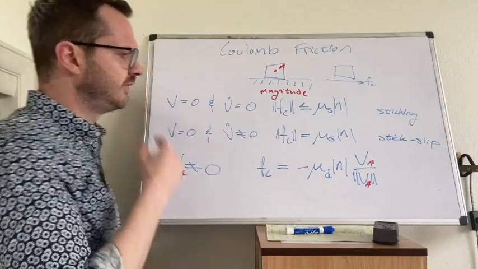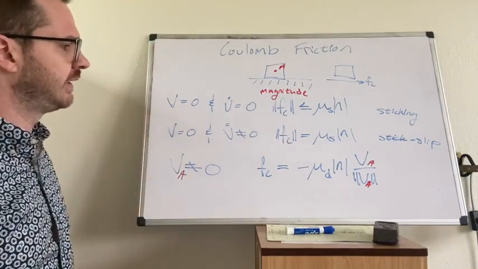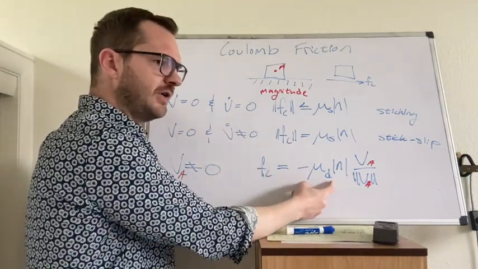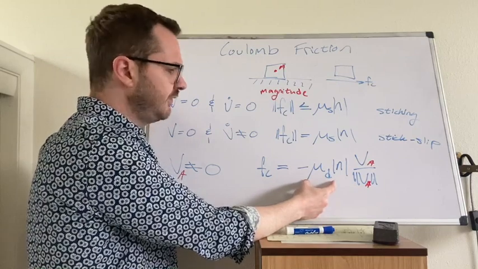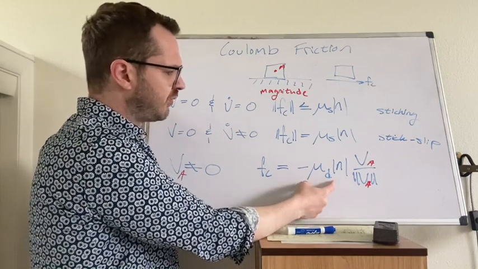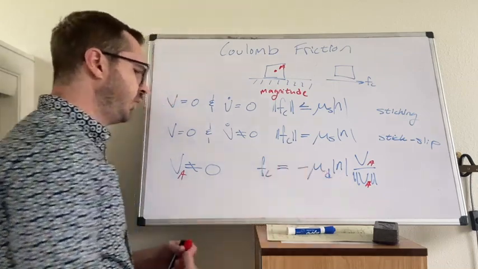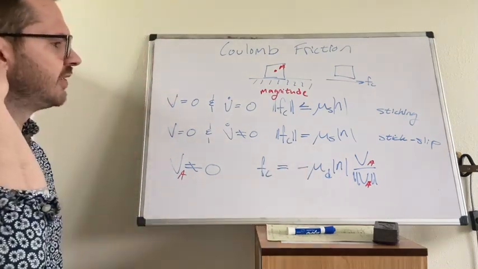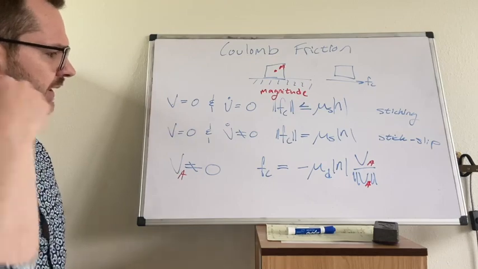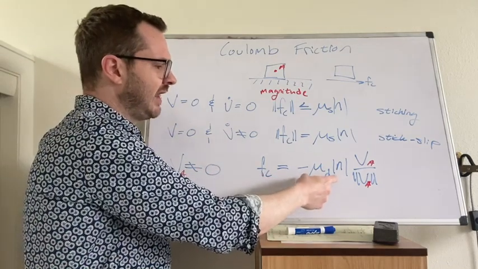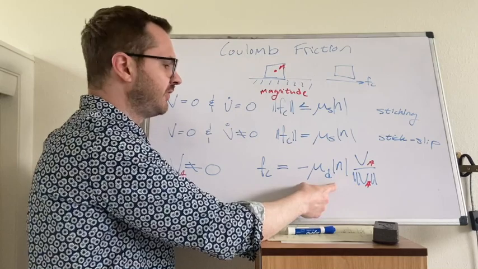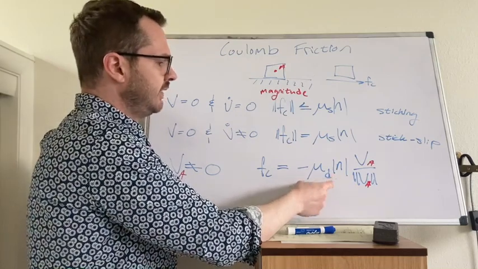The static coefficient is usually a significantly higher number. So this is just a number, again, positive. This is going to have a range of somewhere just over 0 to usually 1 or 2, something like that, depending on the materials. Look up wet glass on glass, for example, and these coefficients can actually get very large. So this is just a number.